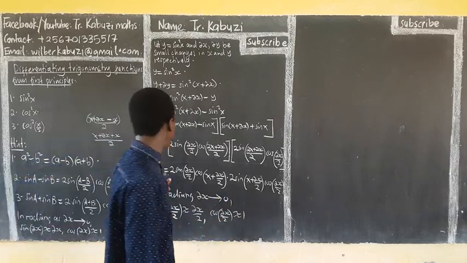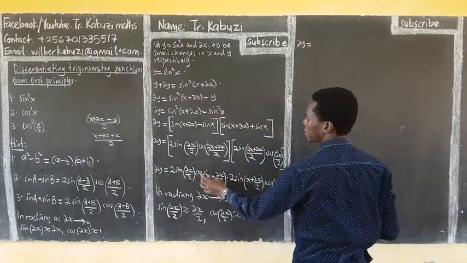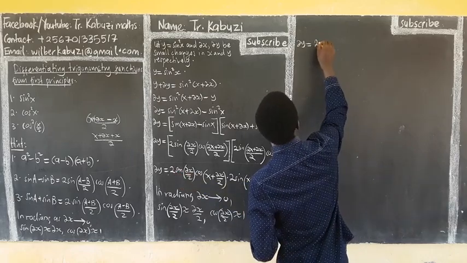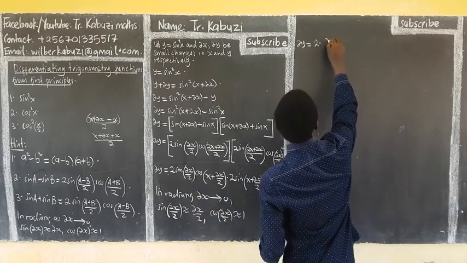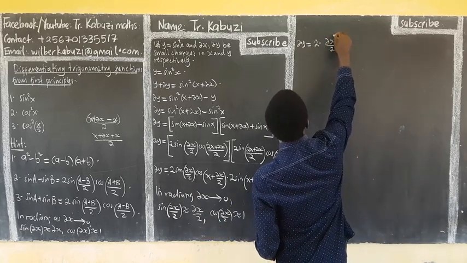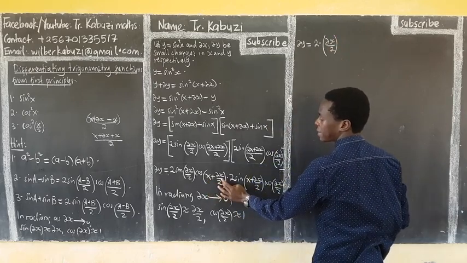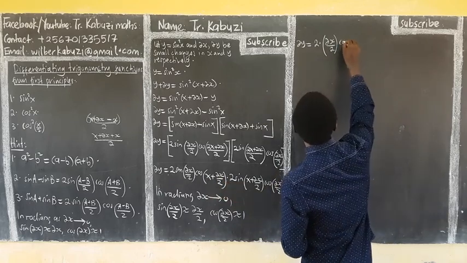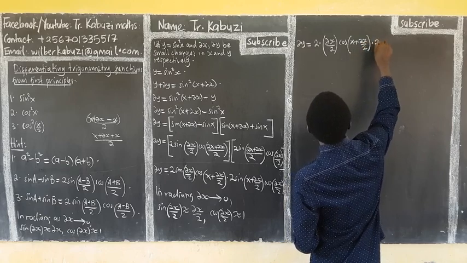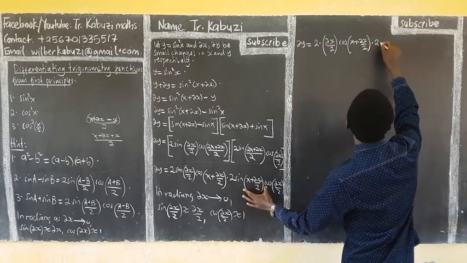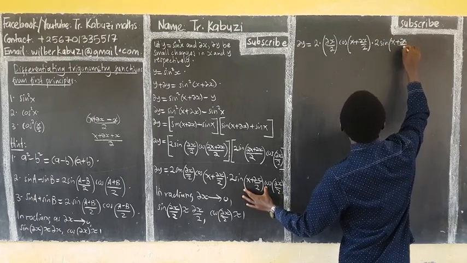So from here now, I'm going to be having delta y equaling 2 times, now this one in radians is going to approximate to delta x over 2. Remember this is big, because this angle is big plus something small, we have something big. So there is no change there. Then times 2. Then this is also a big angle over 2.